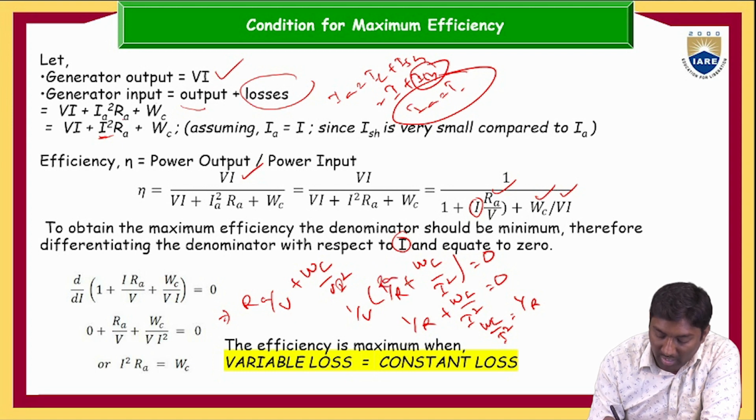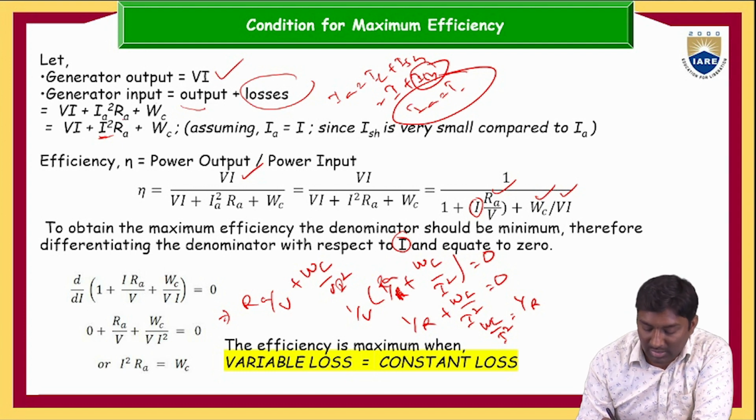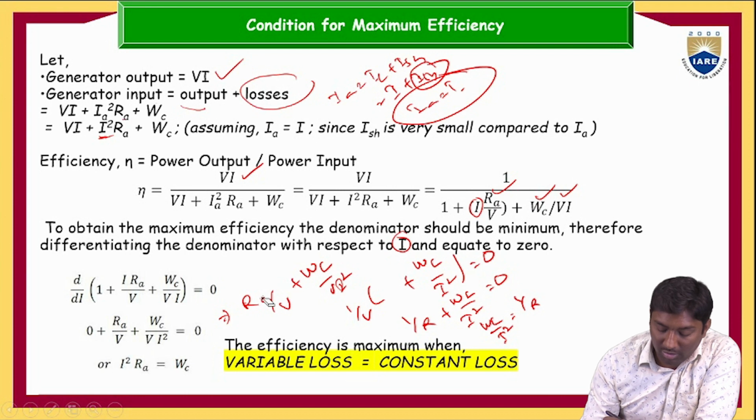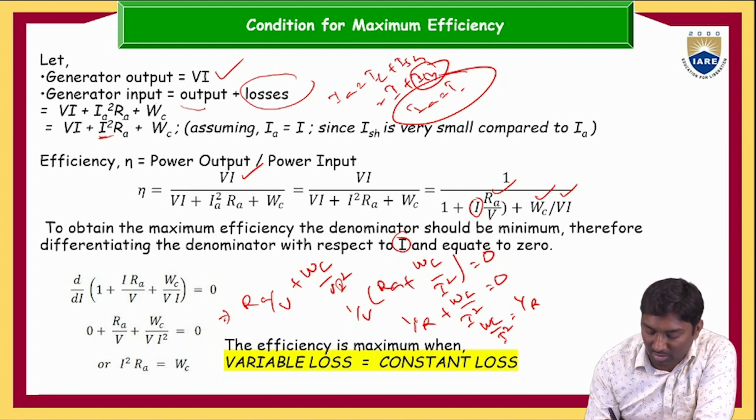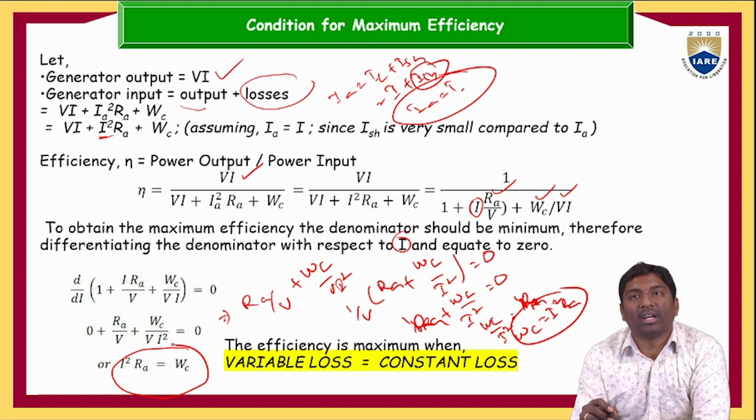So Ra minus Wc by I square is equal to 0, that is Wc by I square is equal to Ra. Then Wc is equal to I square into Ra. So I square Ra is equal to Wc.